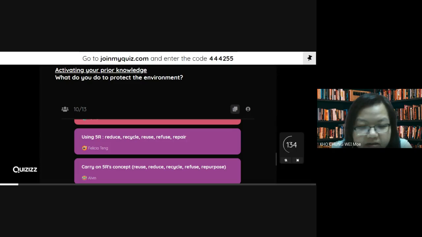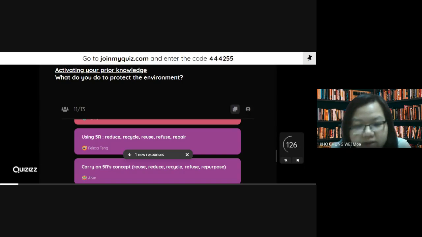For example, the main purpose of newspaper is to read, but once you repurpose the newspaper, you might turn it into a craft. You might turn it into a wrapper for your nasi lemak. That's repurpose. So there's actually 6 R then: reuse, reduce, recycle, refuse, repurpose, and repair.